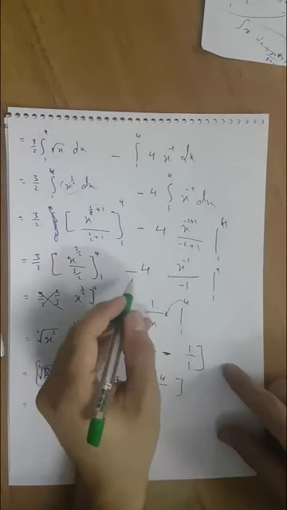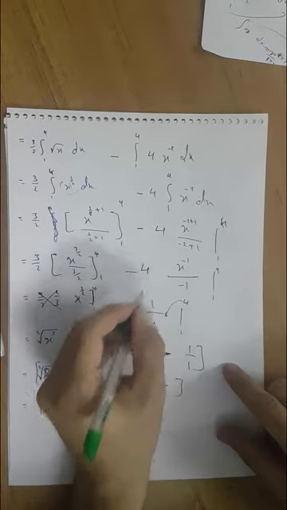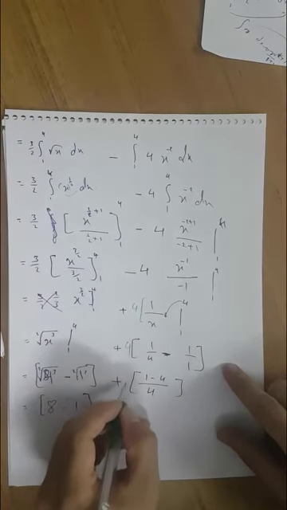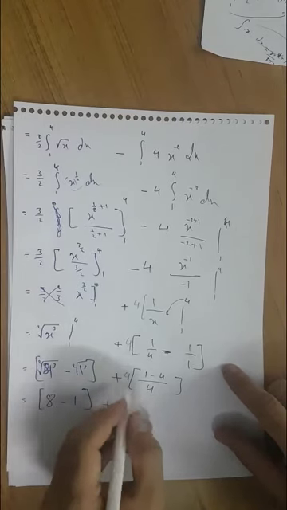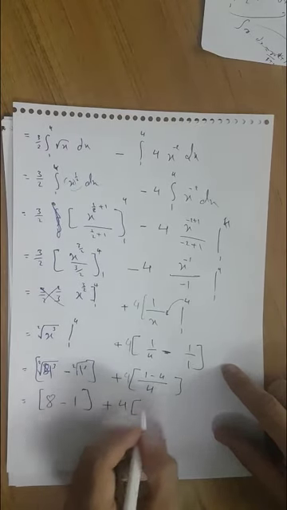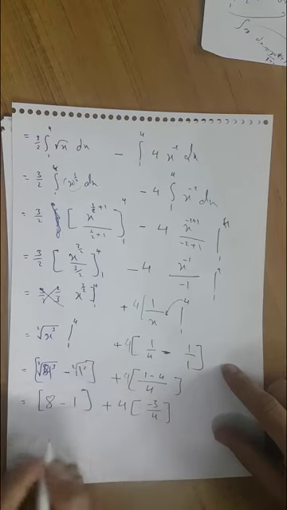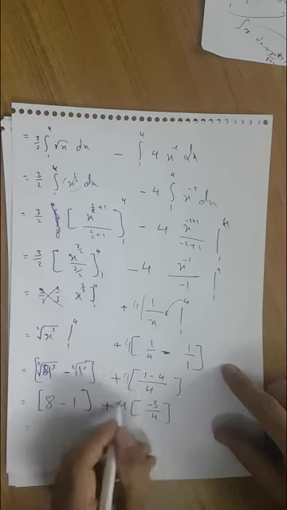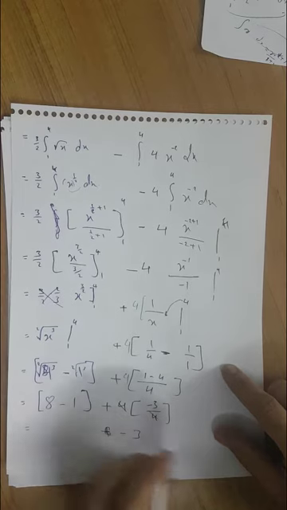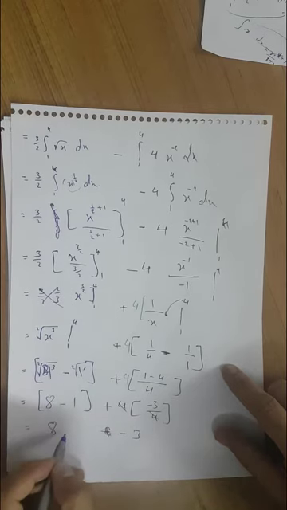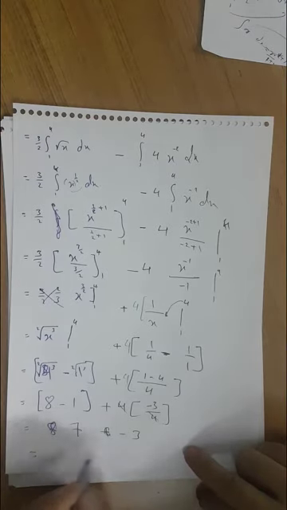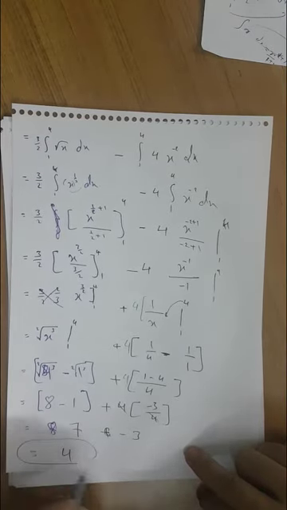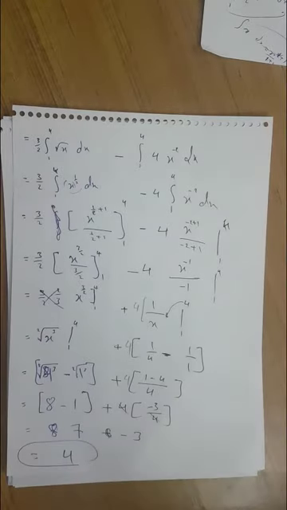I forgot this 4, and also we have a 4. I have a 4 here, so it remains plus 4 minus 3 over 4, which is equal to 4, just minus 3 remains. So I have 8 minus 1 is equal to 7, and the result will be 4 minus 7. I solved it in this method, and your book solves it in another method.